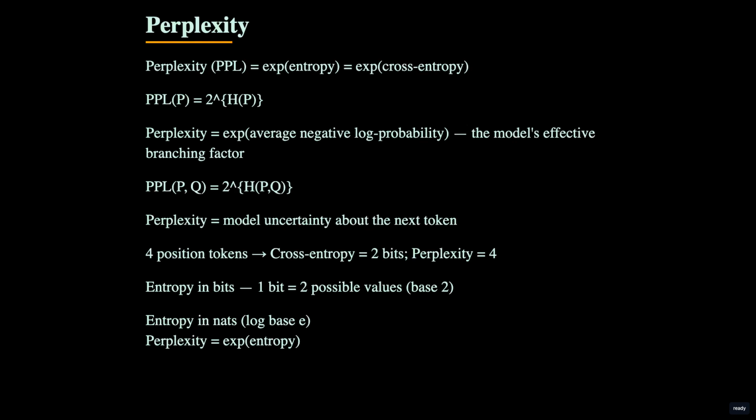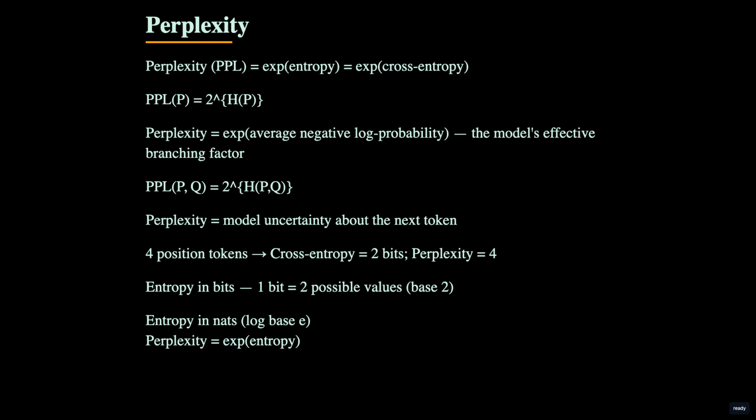Popular ML frameworks like TensorFlow and PyTorch compute cross-entropy with natural logarithms, so the unit is nats, logarithms base e. When entropy is measured in nats, perplexity is e to the entropy, written exp(entropy).